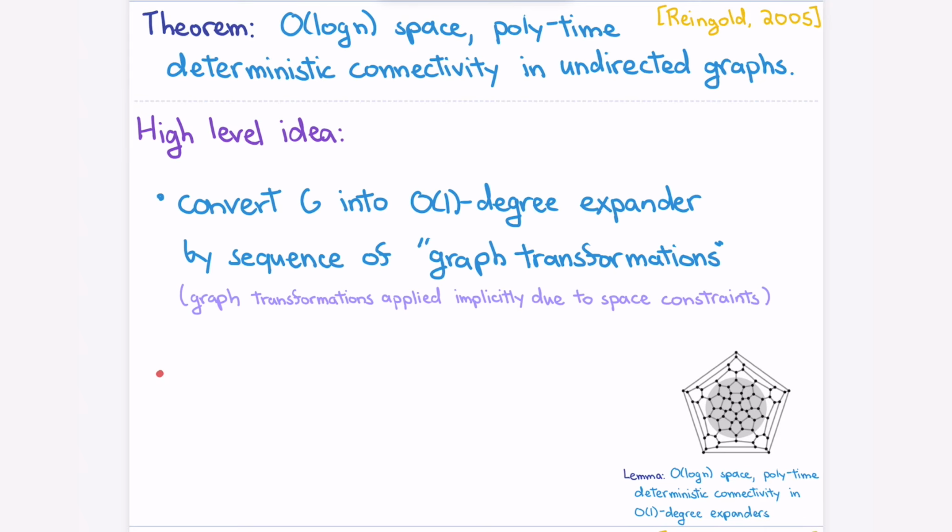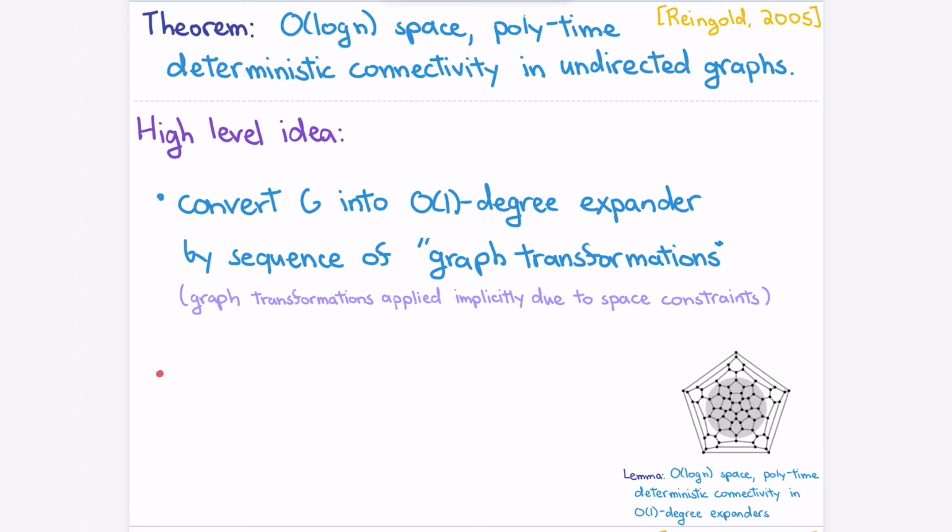We're going to try to convert G, our input graph, which of course could be crazy, into a constant degree expander by a bunch of graph transformations. Now these have to be done implicitly because you only have log n space, so you can't just rebuild the whole graph. We'll build it in our imagination, and all we have to do is, when we actually do things, be able to say, what's the 10th neighbor of this vertex?